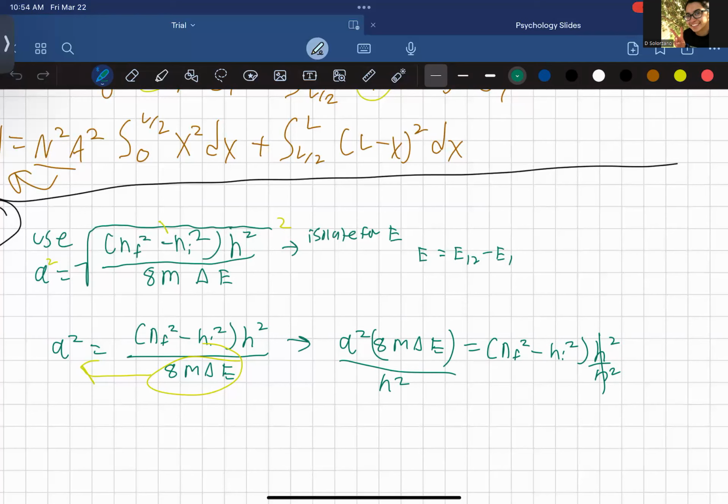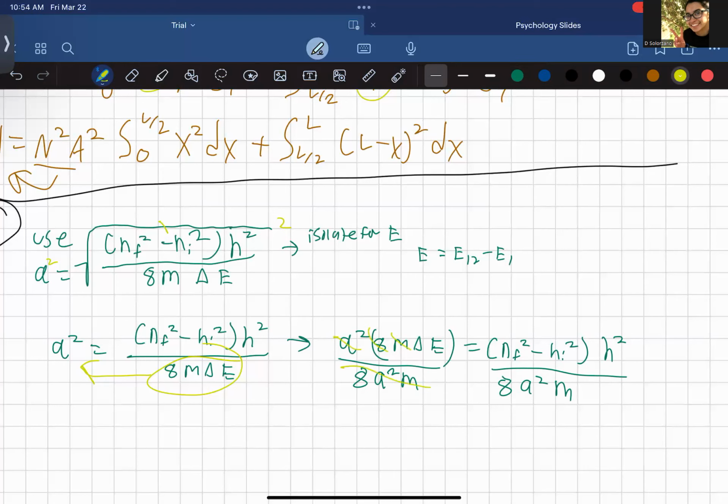Okay. Anyway, divide by h squared. I don't know if I want to get rid of that nf, move it over yet or not. I mean, yeah, we're isolating for E. So then it would probably be better if we're isolating for E, dividing this by a squared, 8, and m. And keep those in that order. Right, because in that way you get rid of these three.